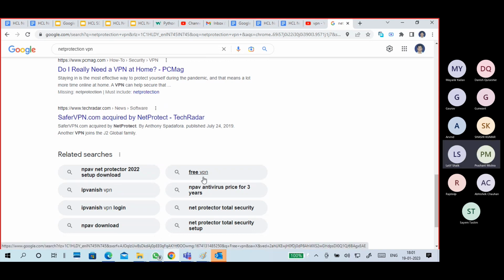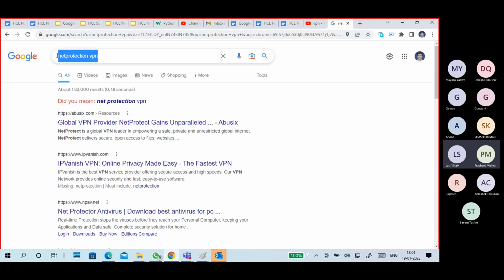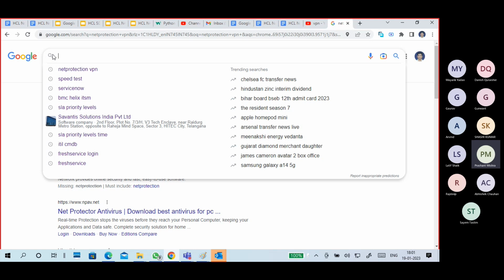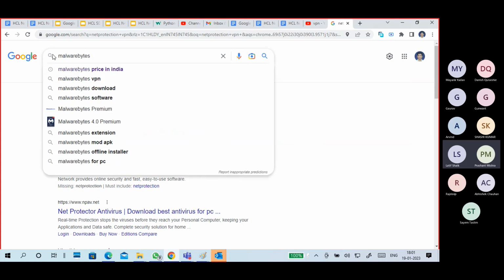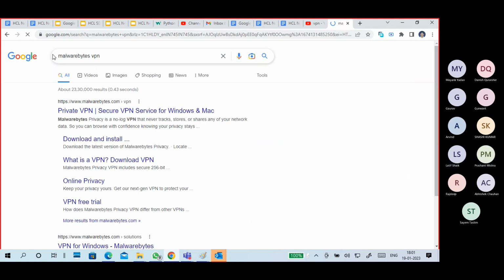Don't use these kinds of VPNs. I will show you Malwarebytes VPN. Malwarebytes is a genuine company and they are providing a VPN. If you still want protection, then we can use a VPN. That is also not required.